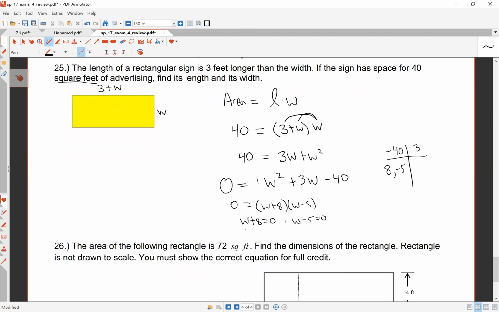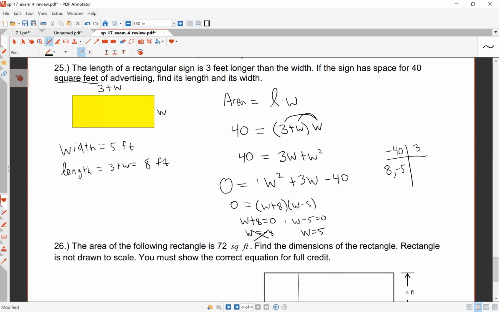w plus 8 equals 0 says w is negative 8. w minus 5 equals 0 says w equals 5. Remember, negative widths don't mean anything, so we cross those ones out. But the width of 5 feet means something, and the length of 3 plus w is 8 feet.